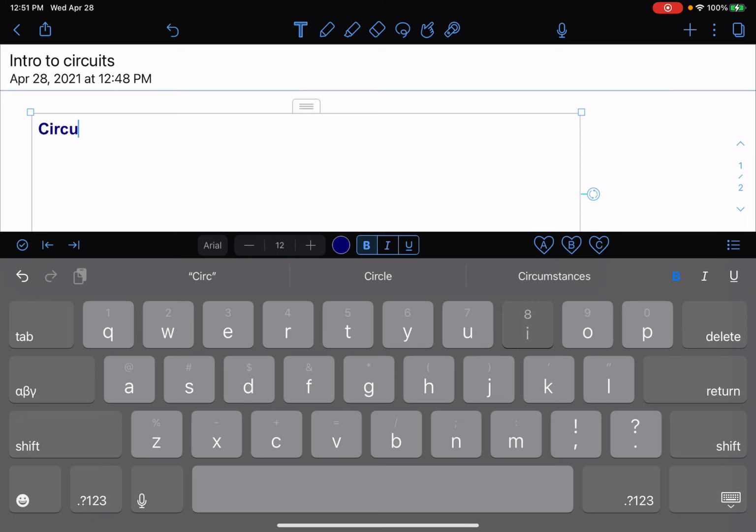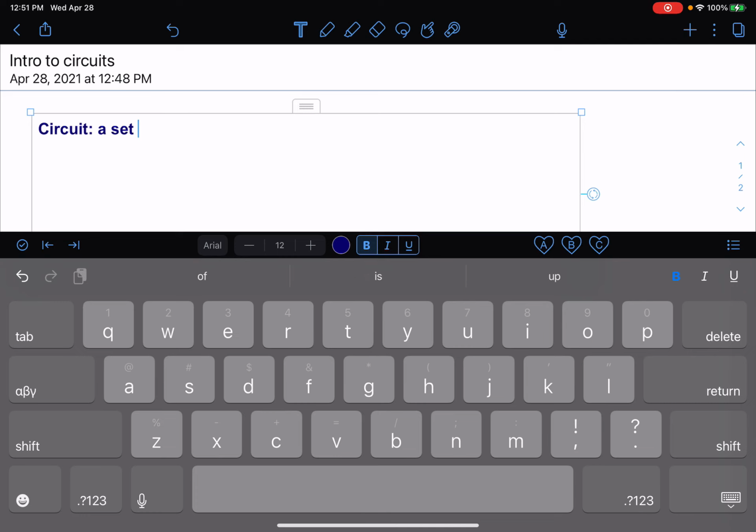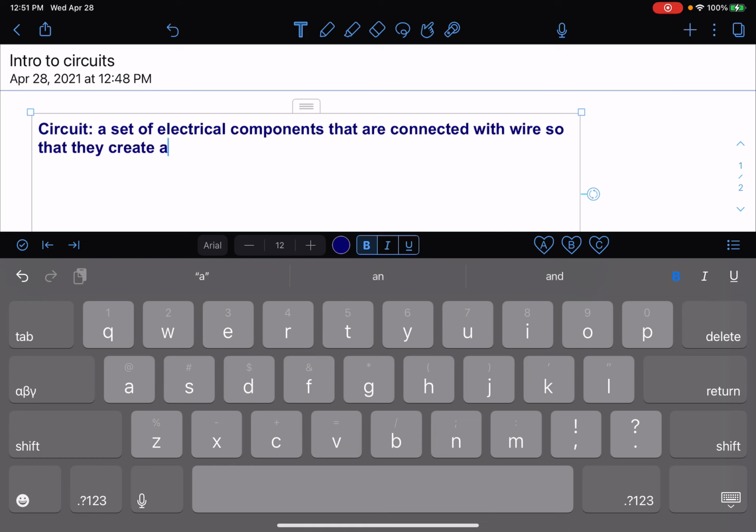What is a circuit? Okay, so a circuit is a set of electrical components that are connected with wire so that they create a path or paths for charges.